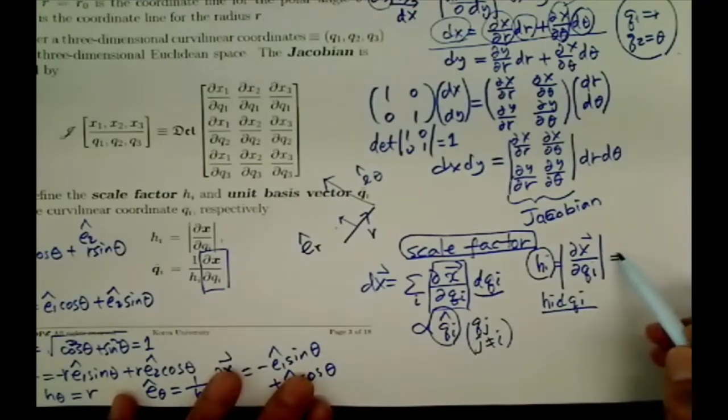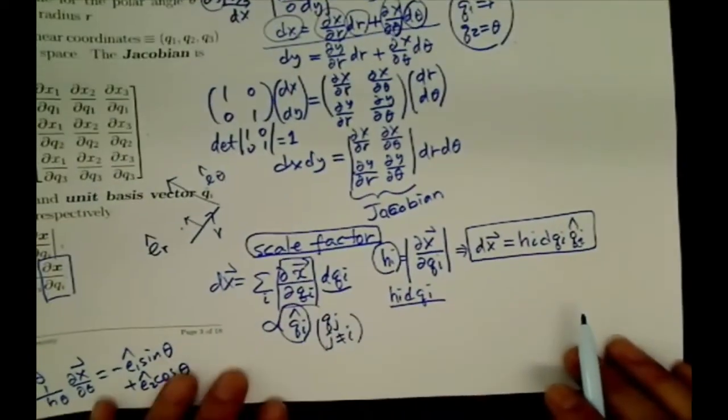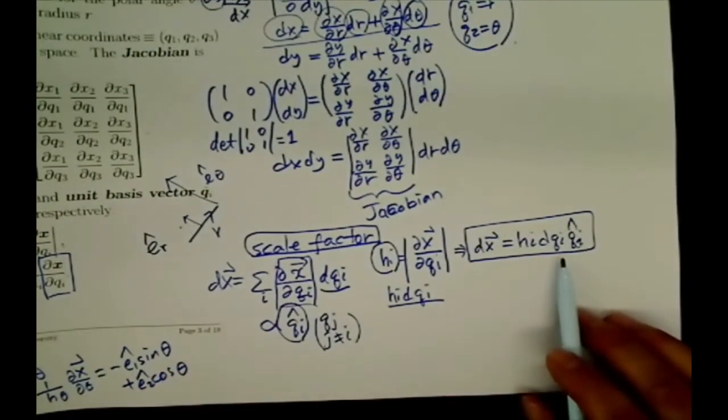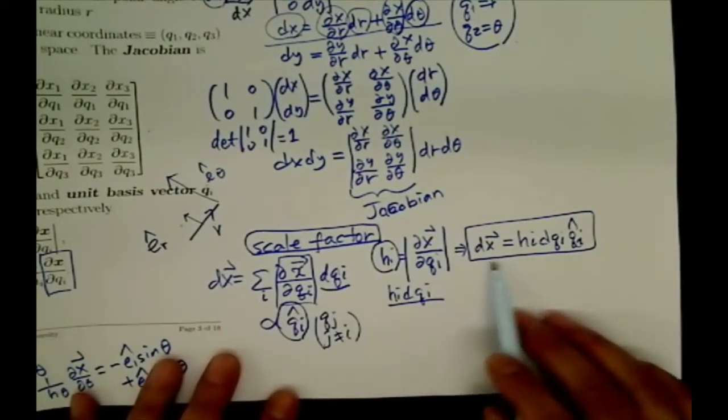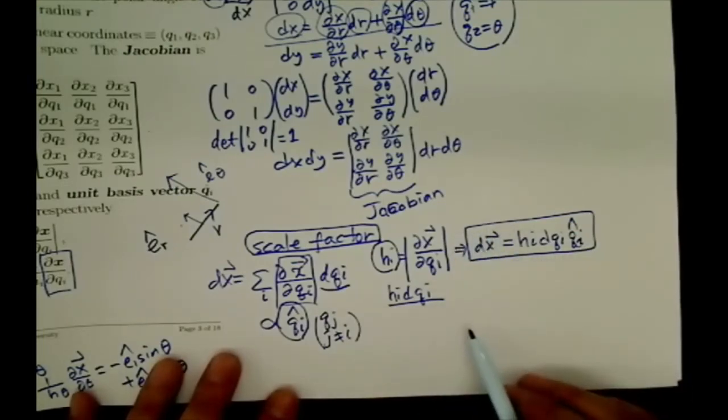This shows that if I keep everything else fixed, dx is just hi dqi times qi hat. If I keep all the other coordinates fixed, then the displacement along the qi direction is this.